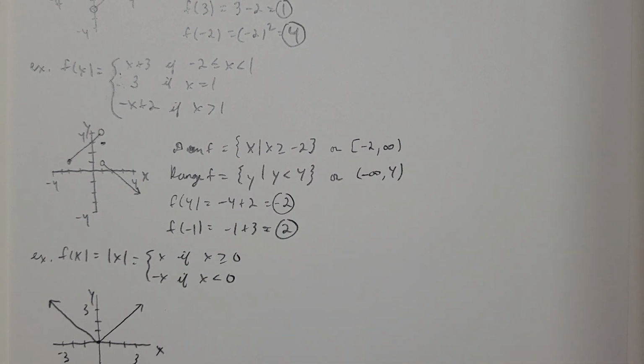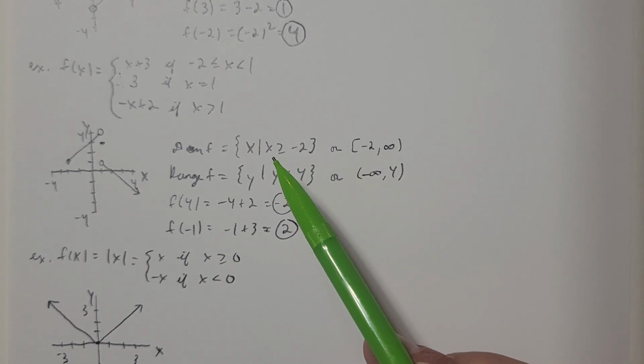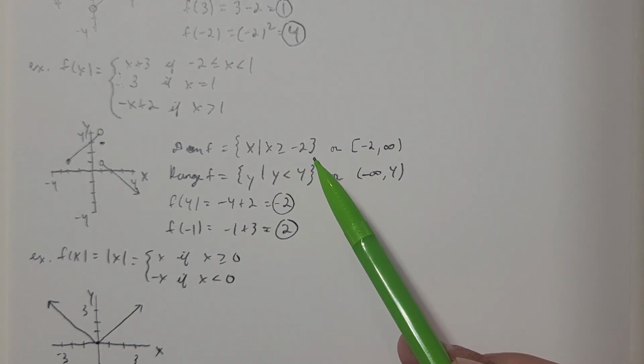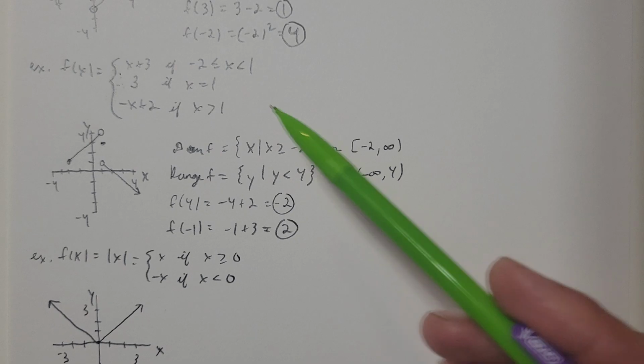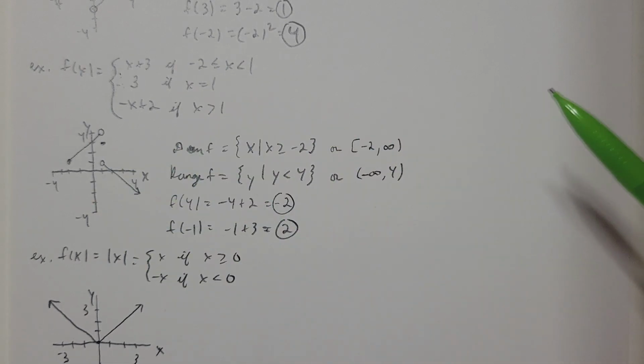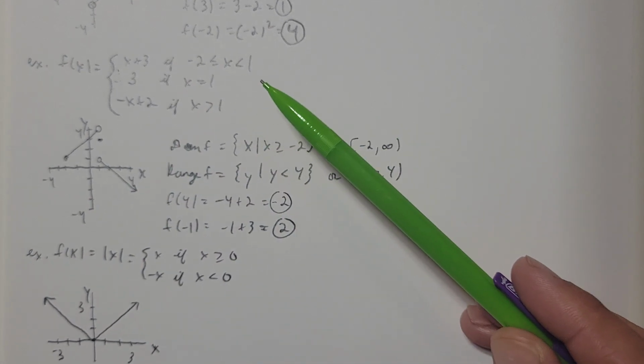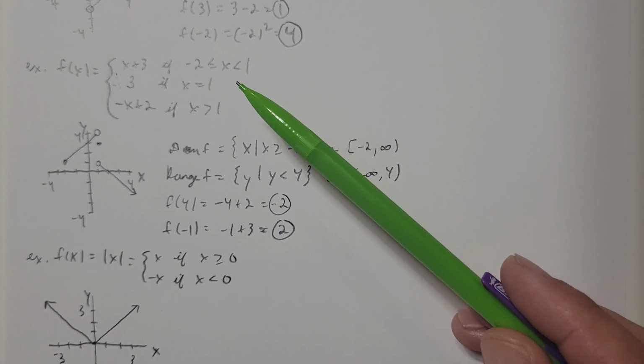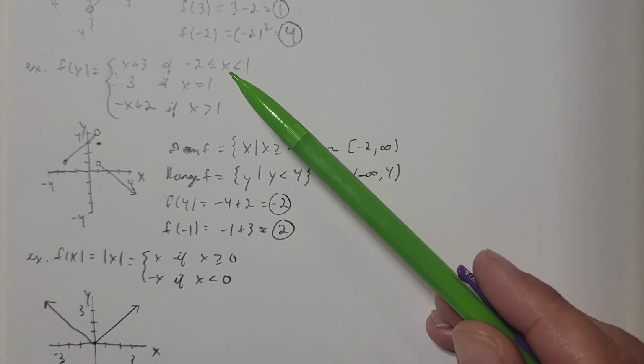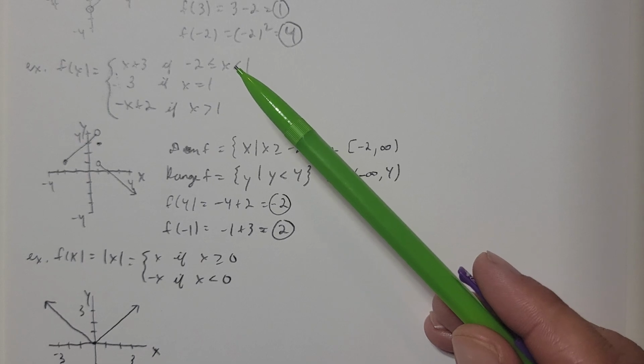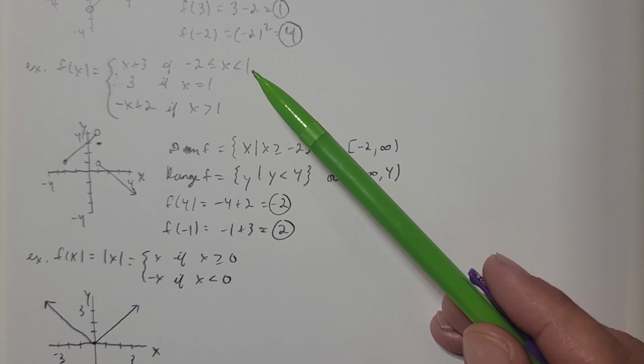All right, and let's get the domain and the range. So the domain is all real numbers that are greater than or equal to -2. Well, I can easily get that without the picture. In piece 1, x is defined for when we have x being greater than or equal to -2 and up to 1.